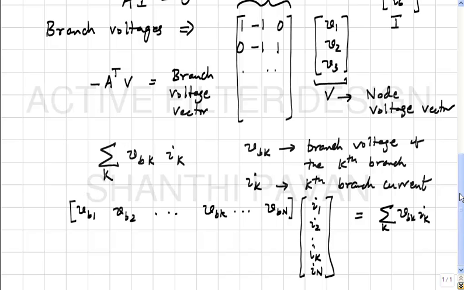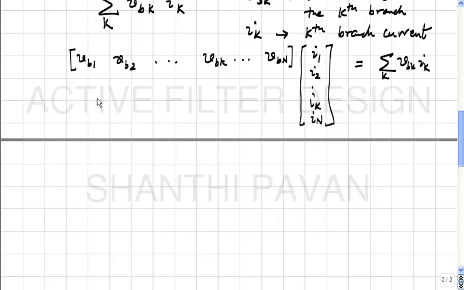Now, what is this in terms of the matrix A? Minus A transpose V, the whole transpose. That is this character.